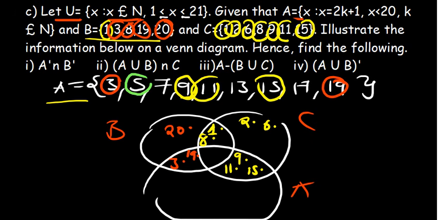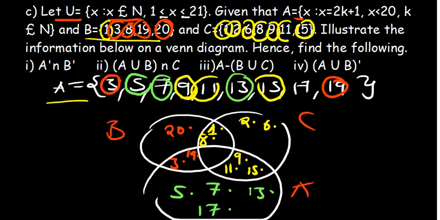It's not in B, it's not in C. 7 is only in A, it's not in B and C. 13 is only in A, it is not in B, it is not in C. 17 is only in A, not in B, and not in C.